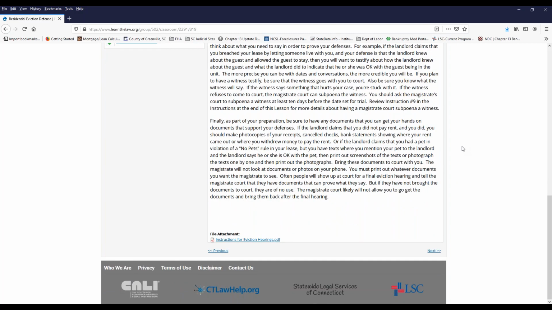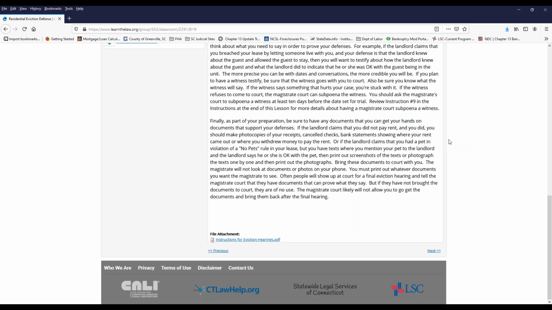And finally, as part of the preparation, be sure you have documents that you want to use. So if the issue is non-payment of rent or payment of other monies, you want to have copies of receipts, canceled checks, bank statements, money orders, things like that to show where you did pay, the date you did pay, so that you could challenge that.